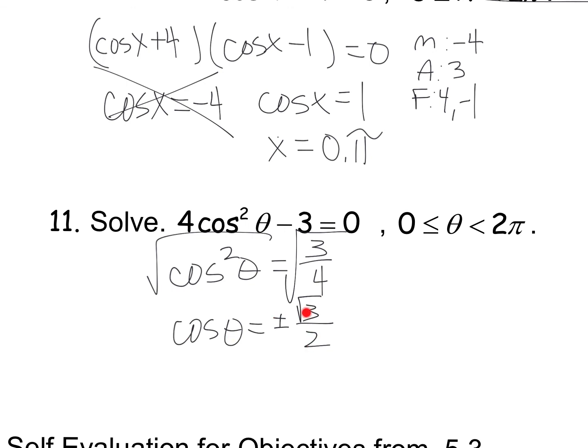Because we have the positive, we take care of, for cosine, the first and fourth. Negative would take care of the second and third. So we have all quadrants, and that rotation is pi over 6. So we're looking for pi over 6 in all of our quadrants. It should be pi over 6, 5 pi over 6, 7 pi over 6, and 11 pi over 6.